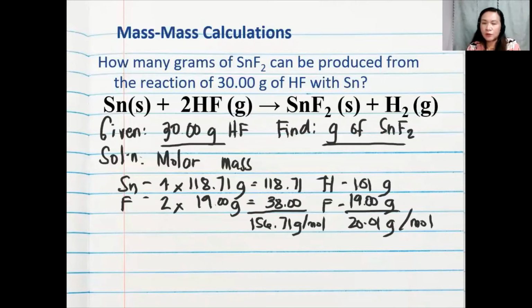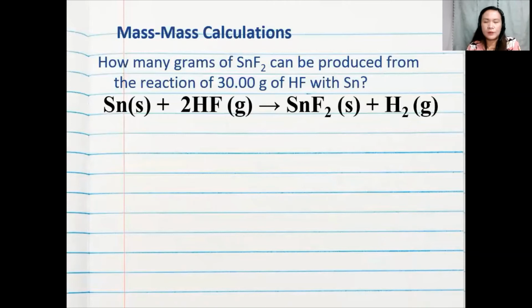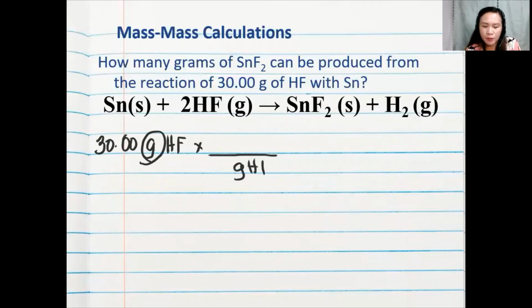So now let's go to the calculation from mass to mass. Okay, so first we write the given. We have 30.00 grams of HF. Next, we put the molar mass of HF because we want to get rid of the grams. So again, for the conversion, since we have grams above, let's put grams of HF below.